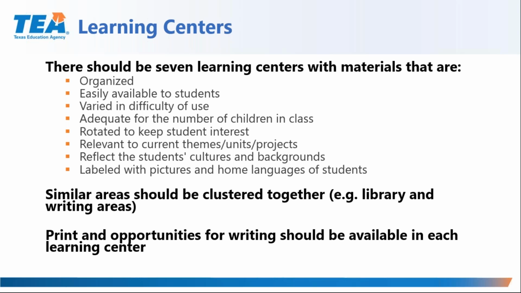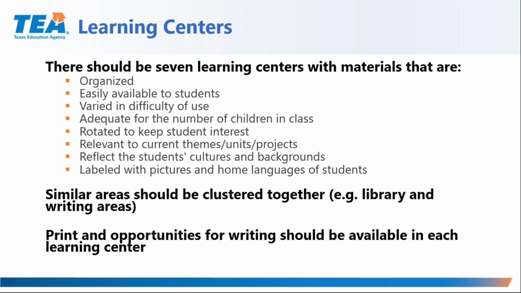We also want there to be enough materials for every member of the classroom so that if a child is interested in using something, it is available. The materials should also be relevant to current themes, units, or projects and should reflect the students' cultures and backgrounds so that they feel at home working in that center. Materials should also be labeled with pictures and home languages of students. Again, that helps them in being able to use the materials independently.